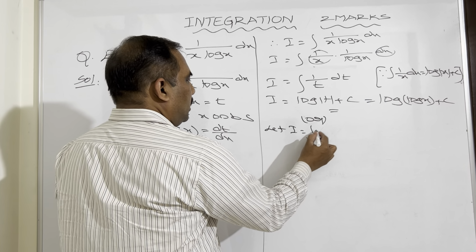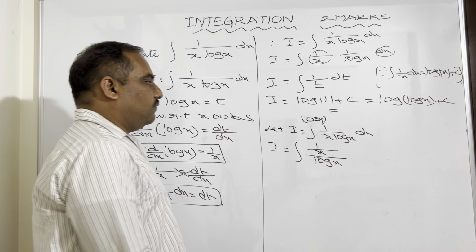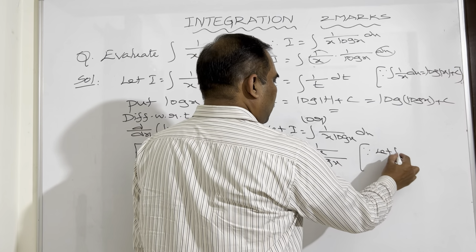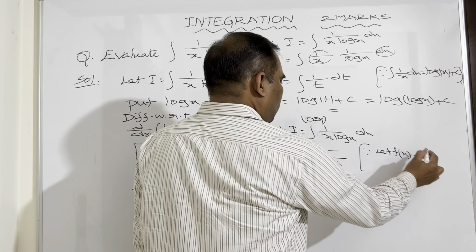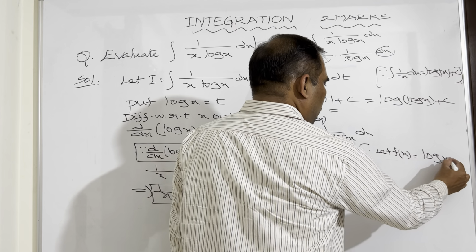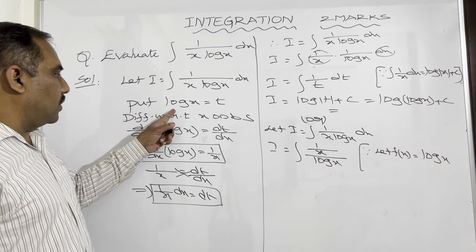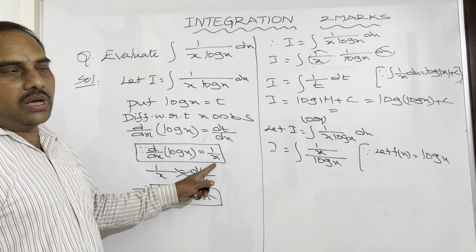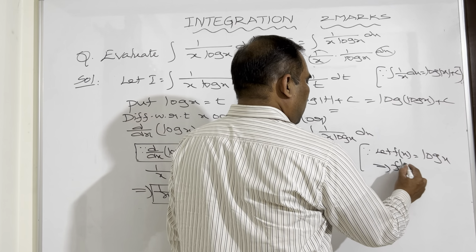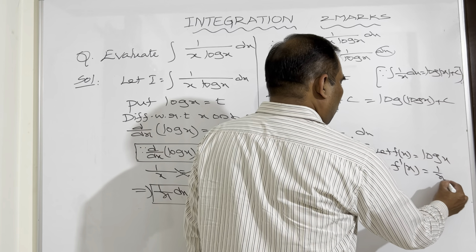Now let f of x is equal to log x. We already know that the derivative of log x is 1 by x. So if you differentiate, we get f dash x is equal to 1 by x.